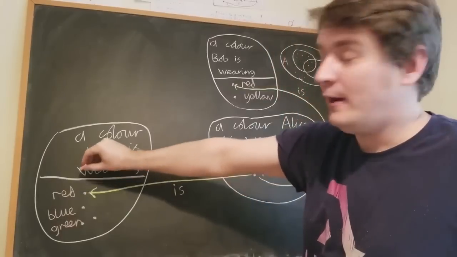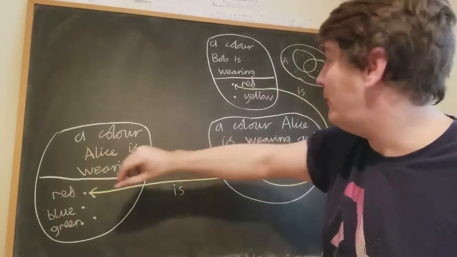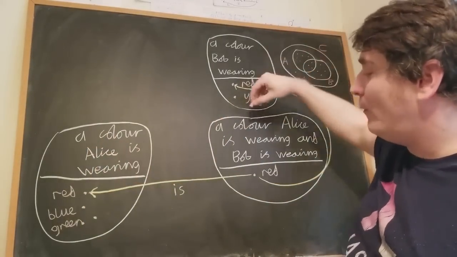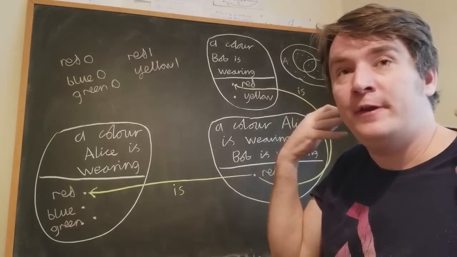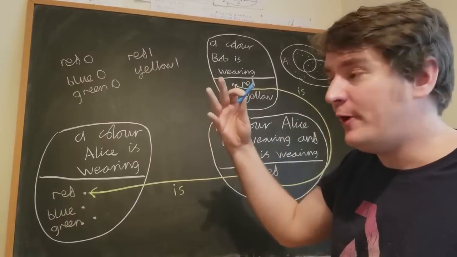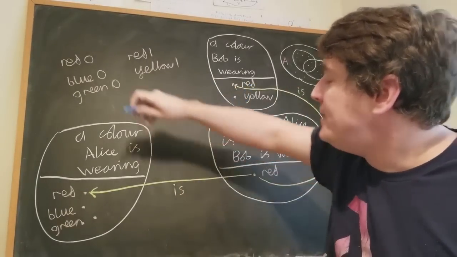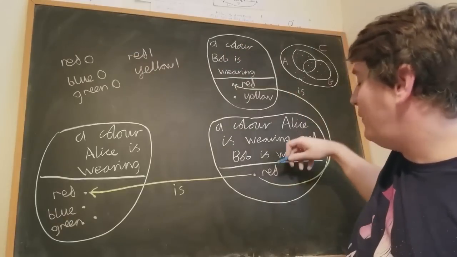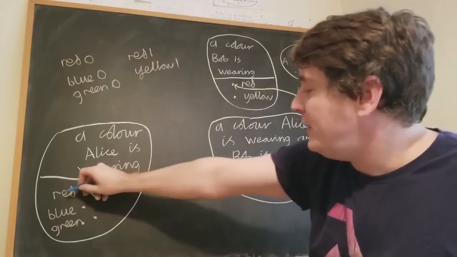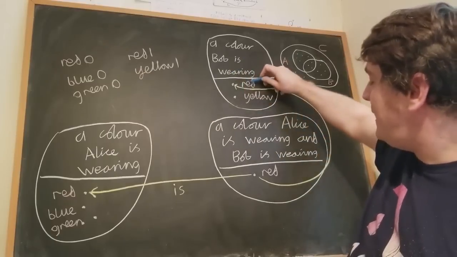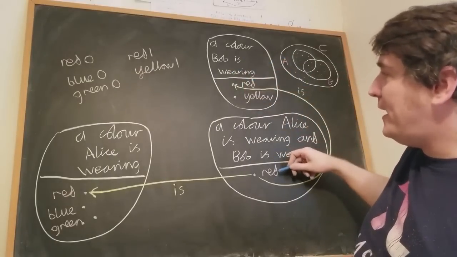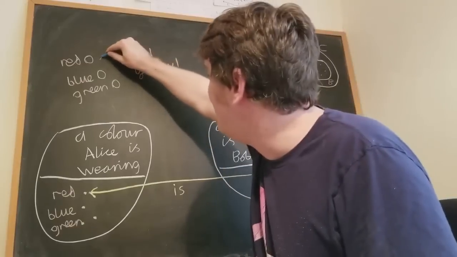I'll tag things that came from this set with a 0 and things that came from this set with a 1. Now, the next step in making one of these pushouts is to identify elements which have a common pre-image. So this red here and this red here have a common pre-image here. So we want to identify them.